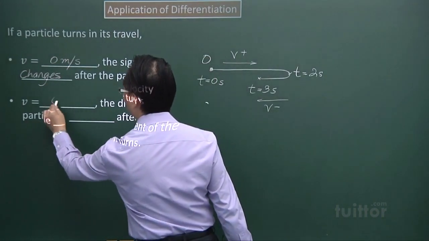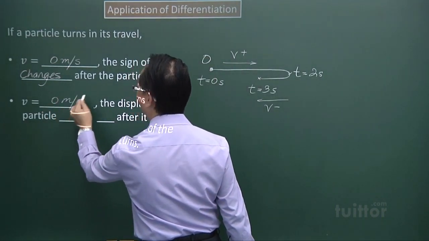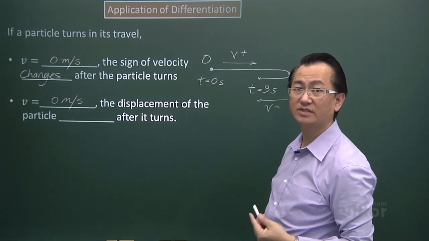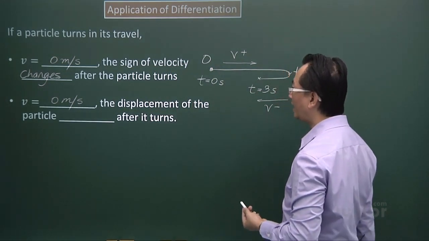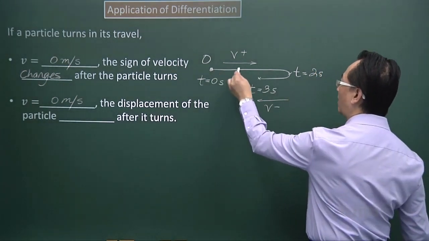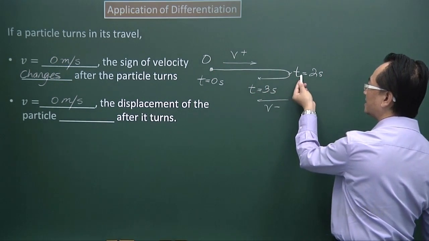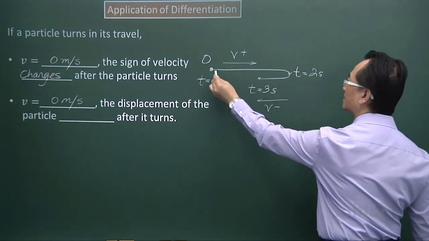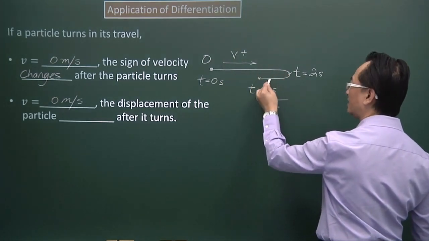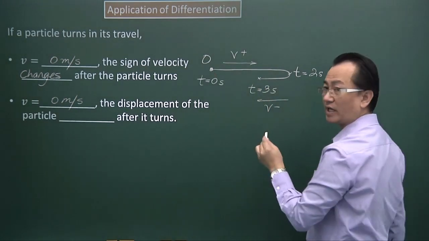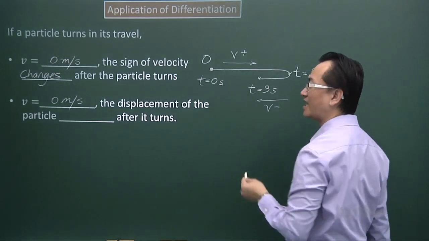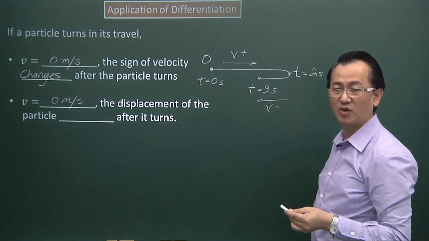So another way to see whether the particle has turned, first of all, we must obtain that v is equal to 0 meters per second. And you realize, using even the same diagram here, as the particle moves along towards this instant t equals 2 seconds, the displacement is getting bigger. But after the turn, because it's returning to the fixed point, you find that the displacement is getting smaller and smaller because it's getting closer and closer to the fixed point.